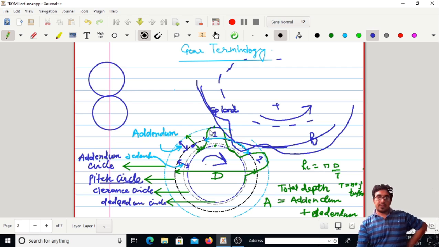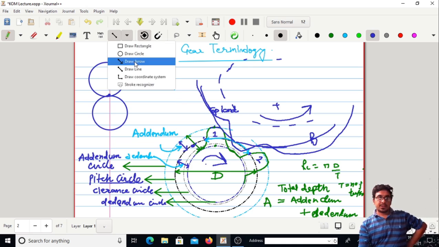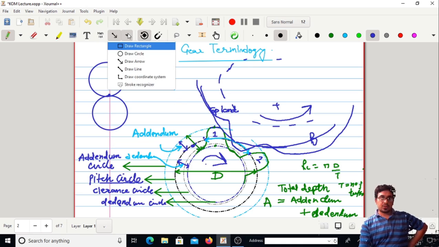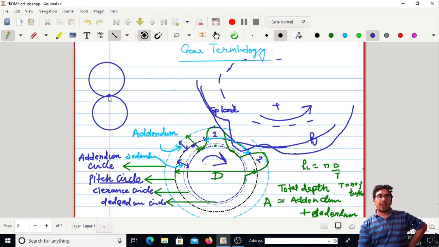So at the point of contact between gear A and B, a line will be drawn which will represent the line of action.